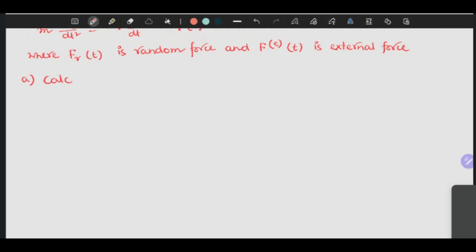Calculate the mean square displacement of the particle.